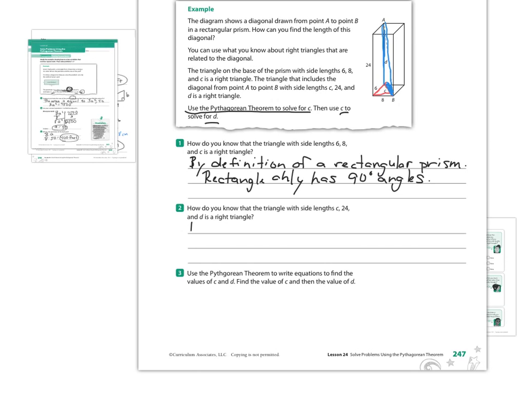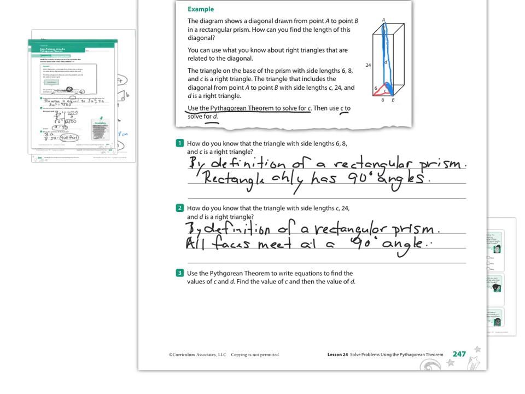We're going to start with that. By definition of a rectangular prism, we're going to say all faces, and when we talk about a face of a rectangular prism, we're just talking about the sides, all faces meet at a 90-degree angle.